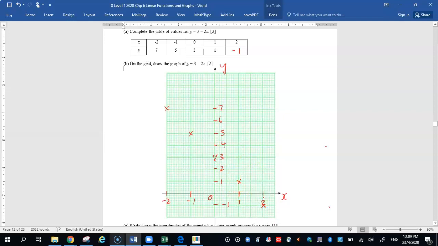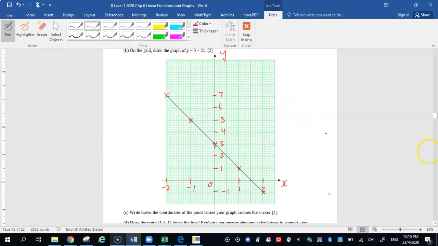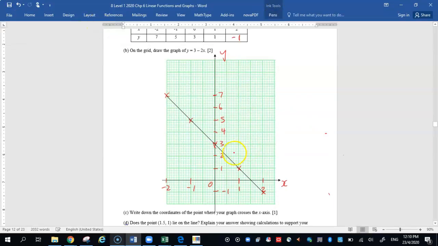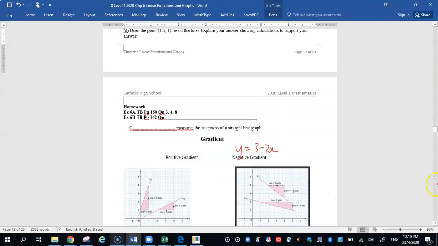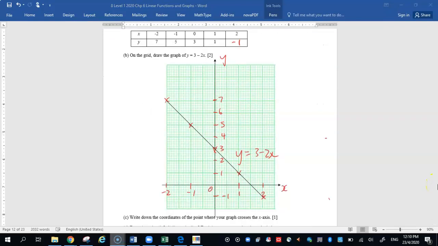Then with your ruler, you can draw a straight line passing through all the points, and finally you label the graph y equals 3 minus 2x. So that's about it.